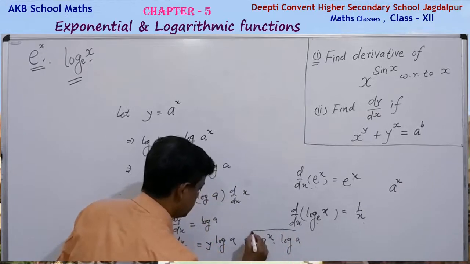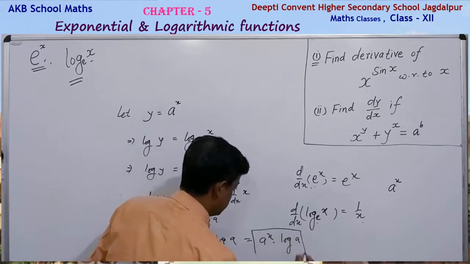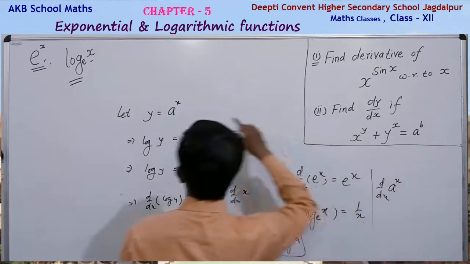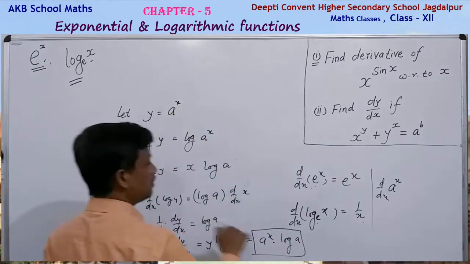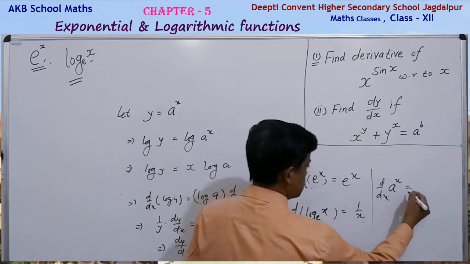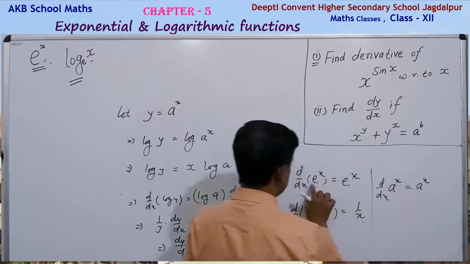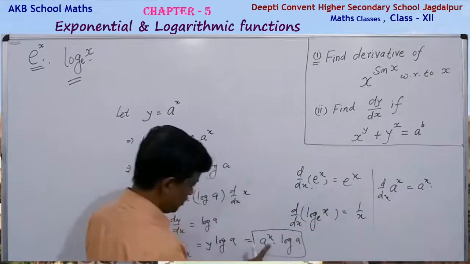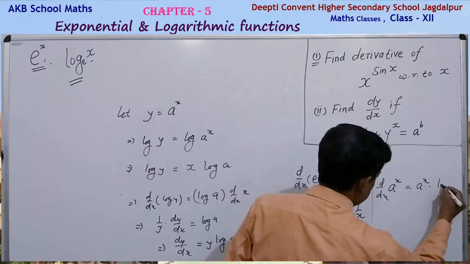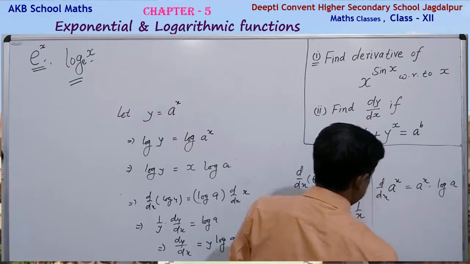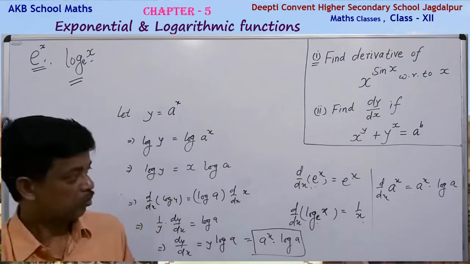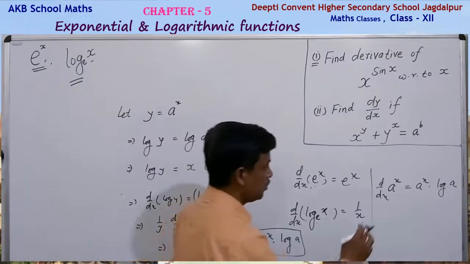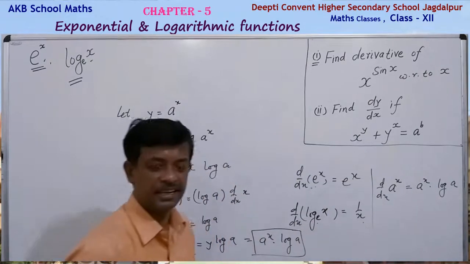So this is the derivative of this exponential function: e to the power x into log a, a constant multiple. Okay, log a, no base taken, that means what? If no base is taken then it is e. Clear?